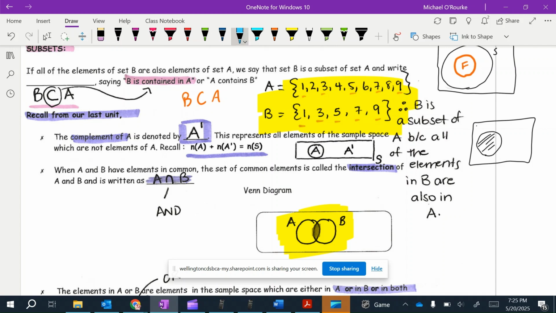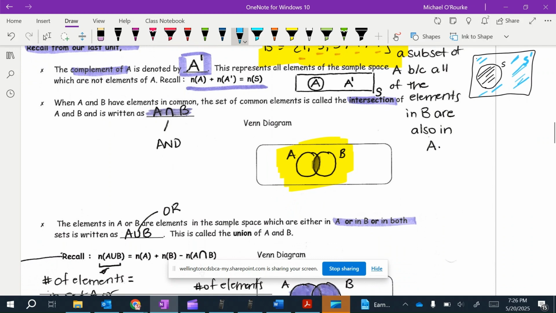I'm going to make that S for your school. Everybody who's not in your school, that is the complement. So S with an apostrophe is the complement.